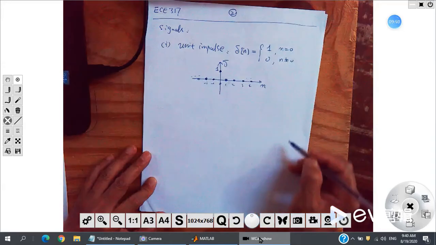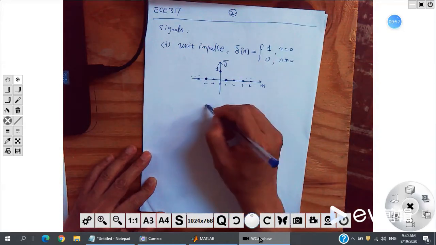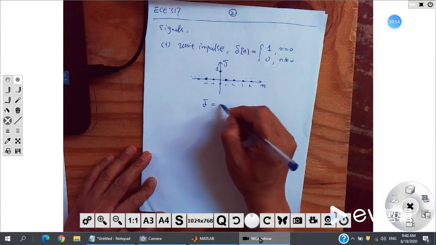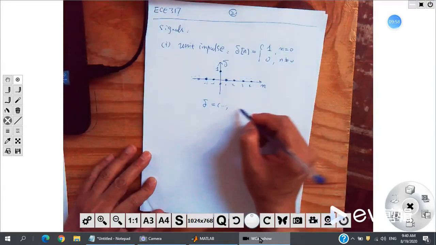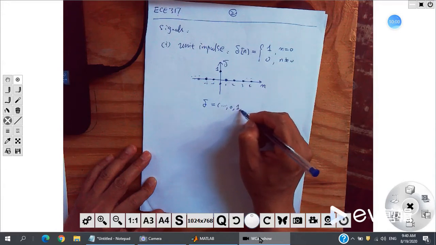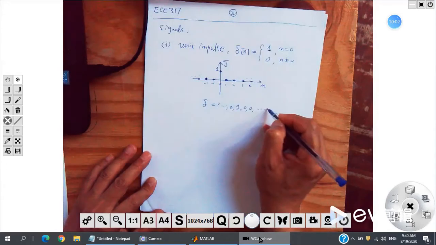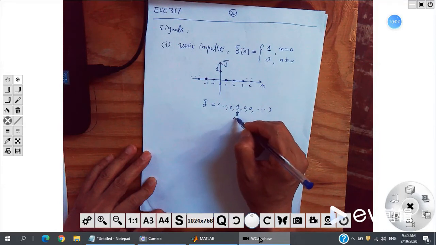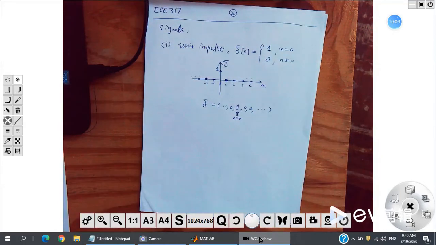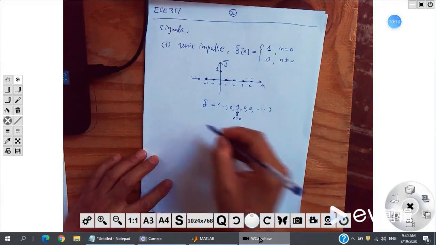You can also list delta as a sequence of infinite values: 0, 1, 0 again, 0, like this. And you need to indicate here that n is 0. So this is the unit impulse. We use it a lot.